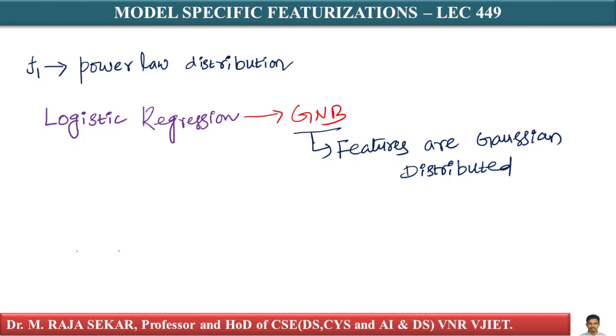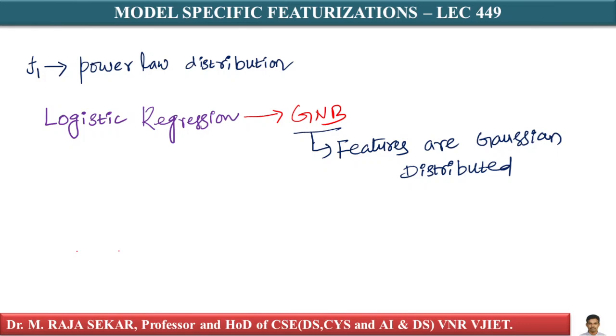Your real valued features are Gaussian distributed. That is the fundamental assumption that logistic regression or Gaussian naive-Bayes makes. And you have a feature here, F1, which is following a power law distribution, not a Gaussian distribution.